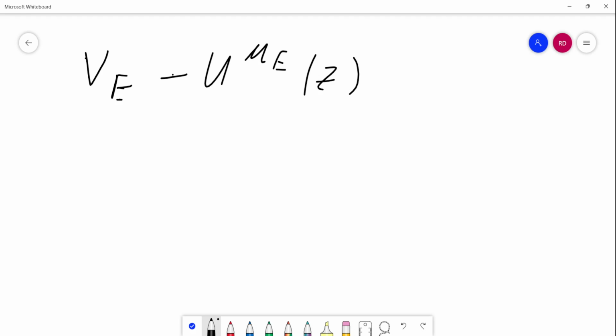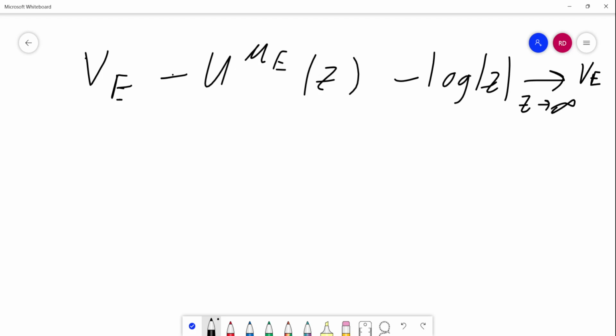So that means if we subtract log absolute value of z, we have shown this converges as z goes to infinity to just V_E. The potential and the log go away. They approximately are the same thing, the potential and the log, and we're left with just V_E.